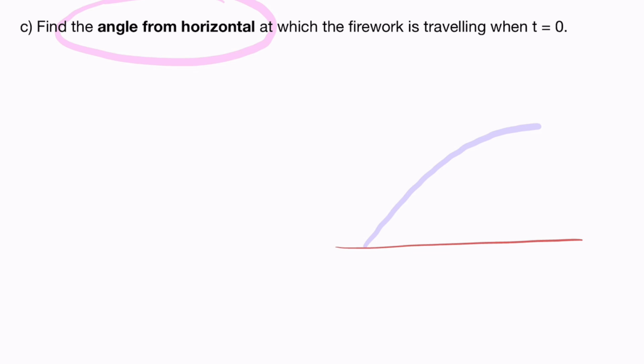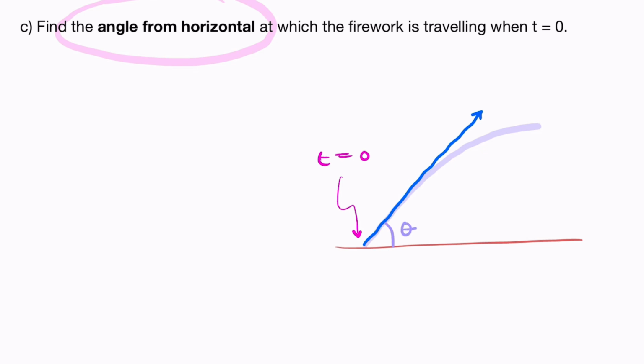So if we look at the initial point, t equals 0, presumably that's the moment that the firework is launched, then they're asking for this angle here, okay?